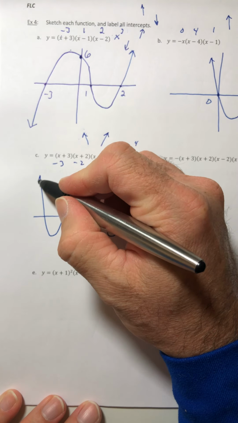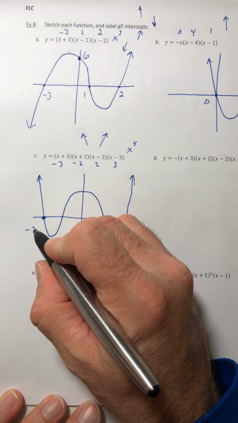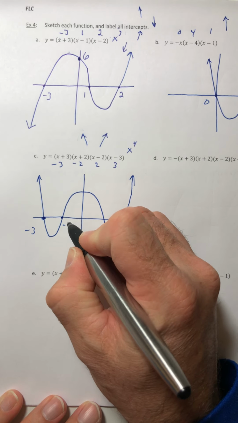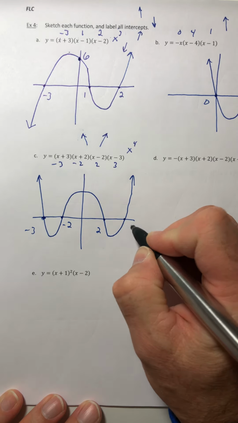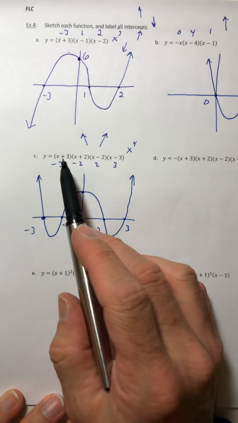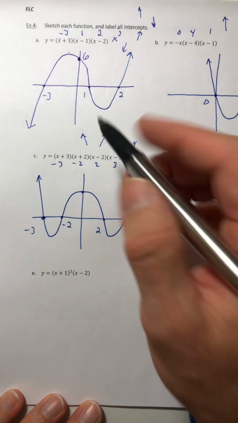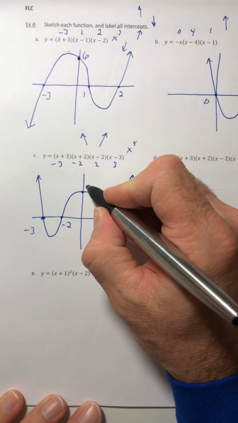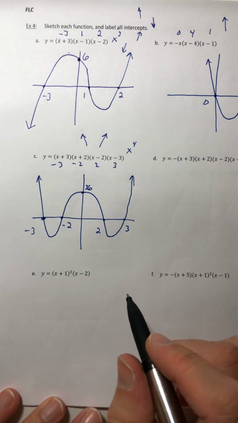So I ended up with a W shape. Stick my intercepts on there. And if I stuck in 0 for my x's and multiplied everything out, I would end up with a +36.